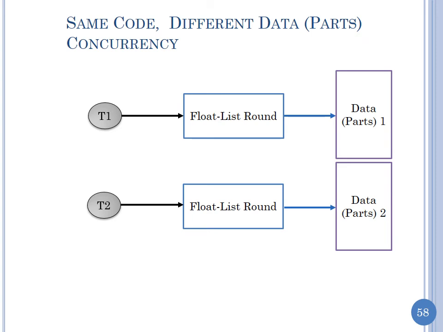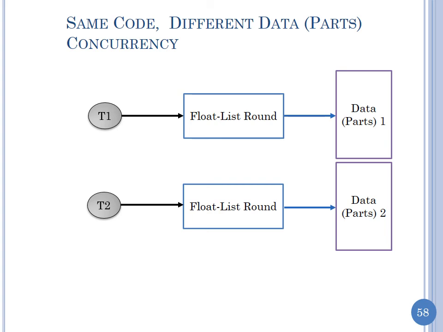So that's what we had, and now I want same code, different data concurrency. So I want to now go and round up a float, let's say. One thread rounds up some elements of the list, and another thread rounds up the other elements of the list. So I want different data but same code.